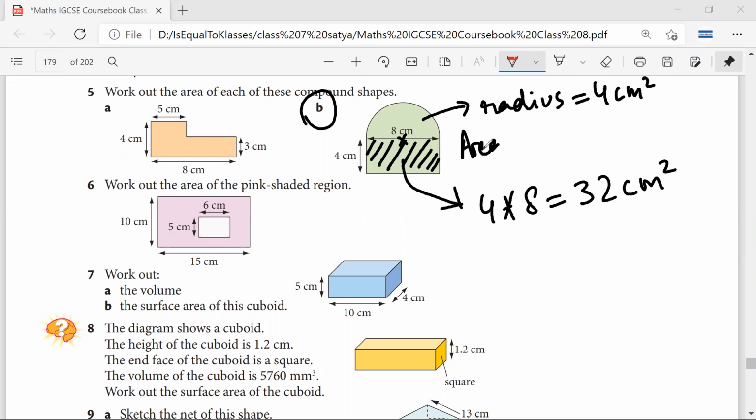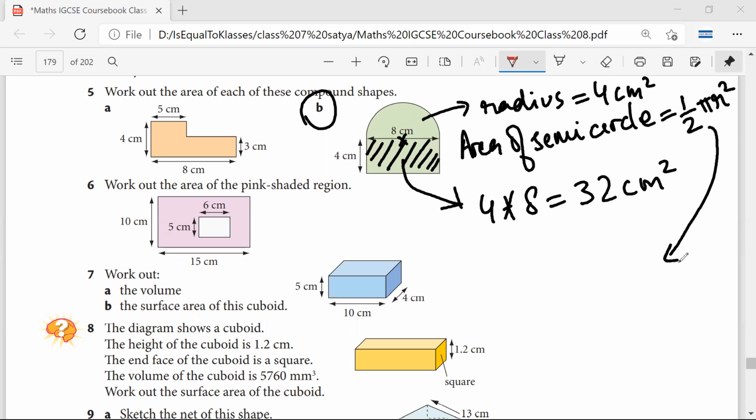So, what is the area of a semicircle? 1 upon 2 pi r square. Okay. So Sarthak, have you understood? Yes, sir.